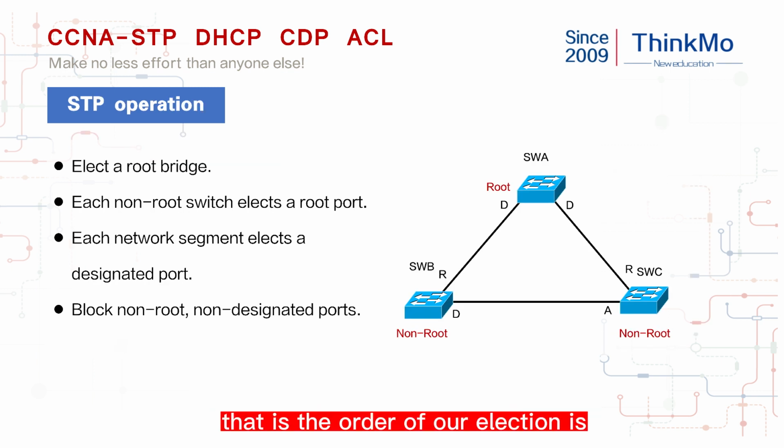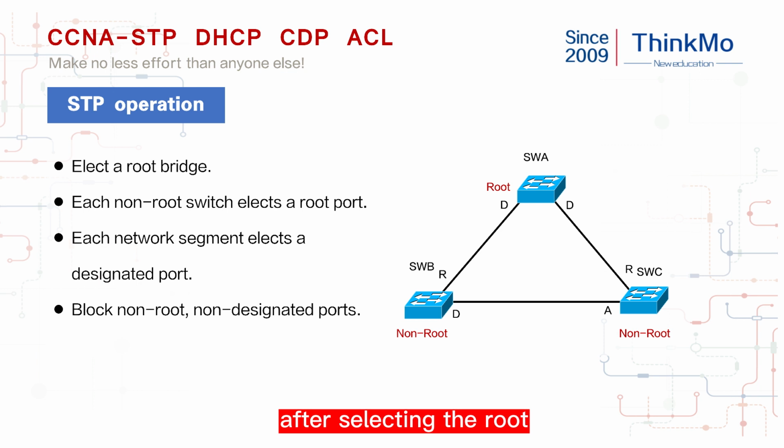That is, the order of our election is root first. After selecting the root, select the root port. After selecting the root port, select the designated port. Then the rest, the ports that are not designated ports and not root ports, will be blocked automatically.